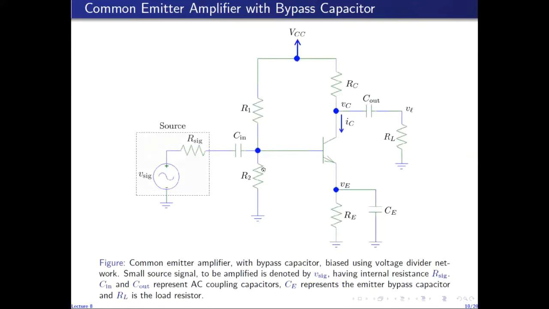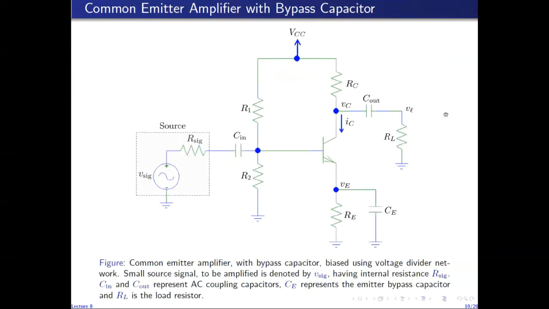We can find the maximum symmetric swing for the common emitter amplifier with bypass capacitor very easily from the results that we have already derived. So this is the same circuit. The only difference is that the emitter is at AC ground now. So the output is again taken from the collector, and as VL increases in the positive direction, the AC component of collector voltage increases in the positive direction, which decreases the drop across RC, which decreases the current through RC.